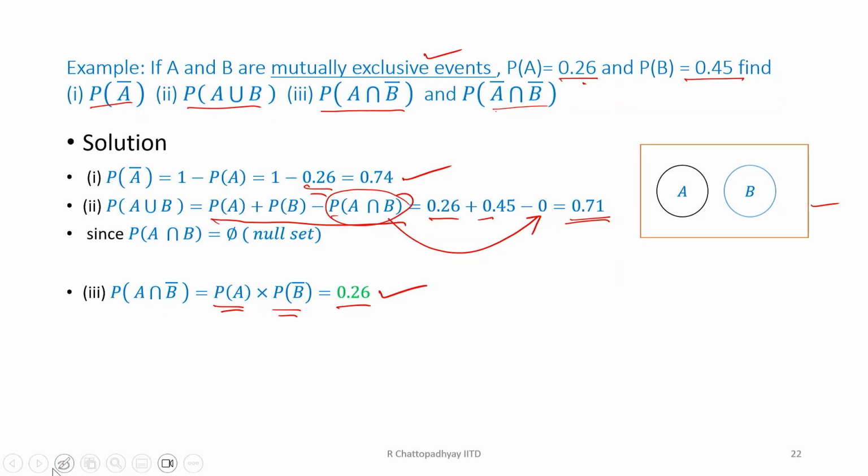You will try to understand how it is coming 0.26, and P(A complement), B complement, their intersections.